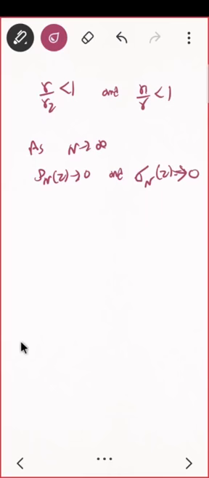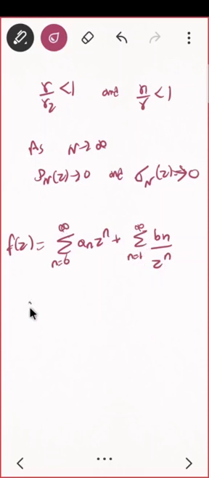So what did we prove? We proved that any function can be written as the summation of a_n z raised to n plus the summation of b_n upon z raised to n. Correct? Here n starts from 1 to infinity, here n starts from 0 to infinity.